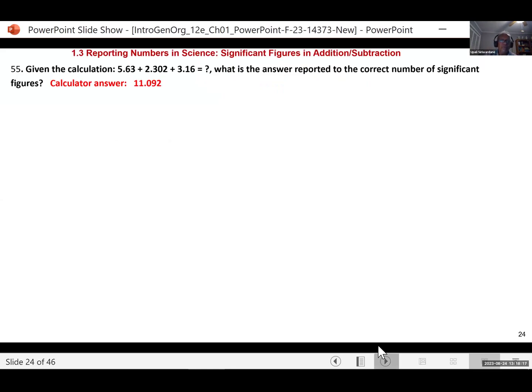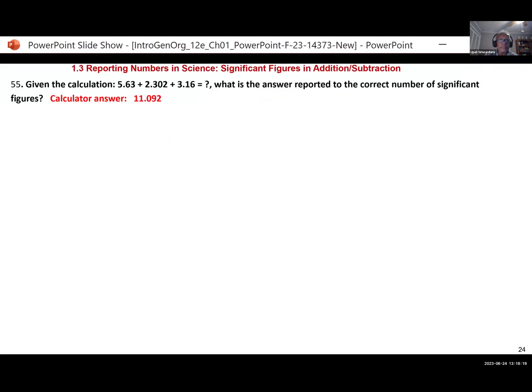When you have three numbers added up, 5.63 plus 2.302 plus 3.16, when you put that in the calculator and add them up, you get 11.092.